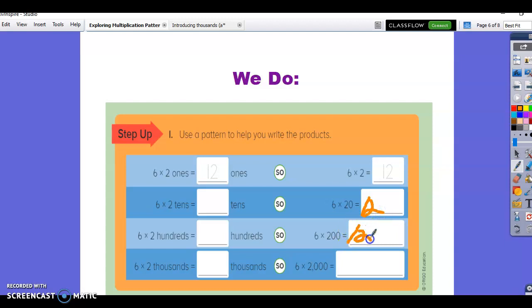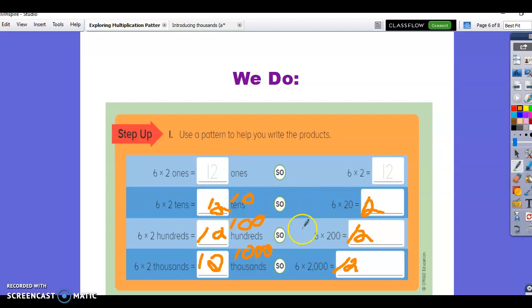And again, if you have your Orgo workbook, it makes it so much easier to do these practice ones together. And then we have 12 tens, 12 hundreds, and 12 thousands. So ones, no zeros. Your tens, you have 1 zero. Hundreds, 2 zeros. And thousands means we have 3 zeros.